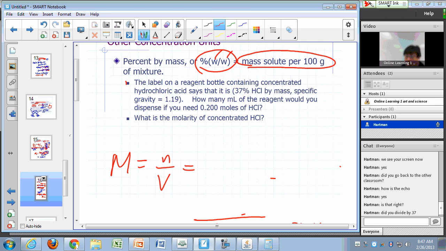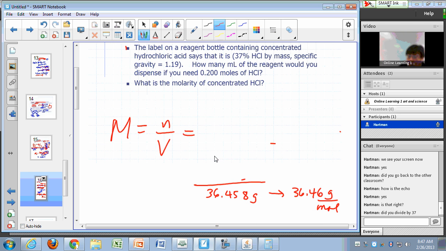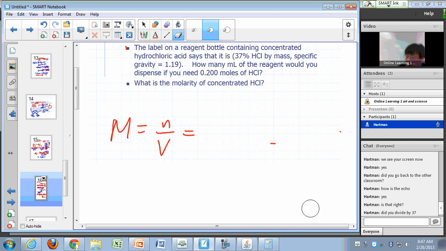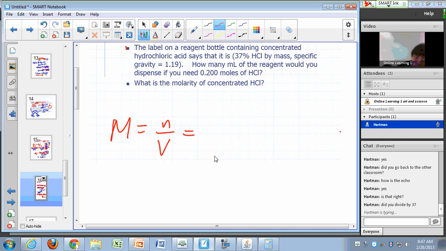So let's assume you have a liter of solution. Remember, that's moles per liter. What would be the mass of that?